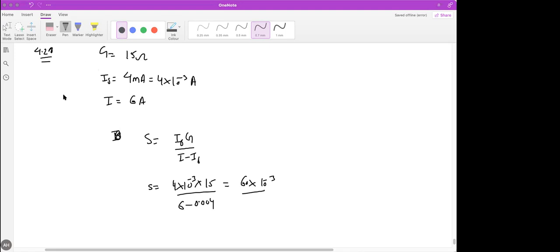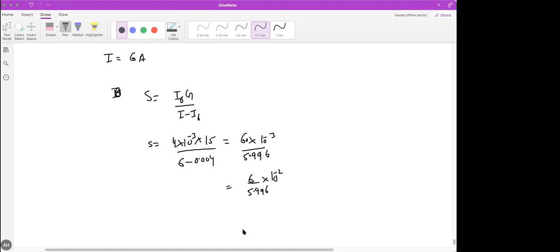So can we take that approximately to be 6? No, don't take approximations here. So it's 6 by 5.996 into 10 raised to the power minus 2. 6 by 5.996 is around 1.00006.